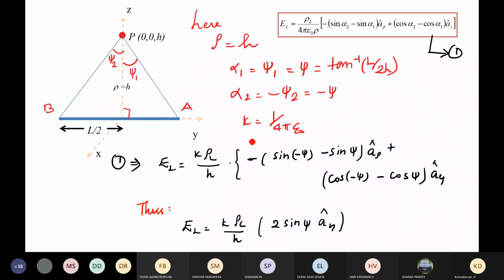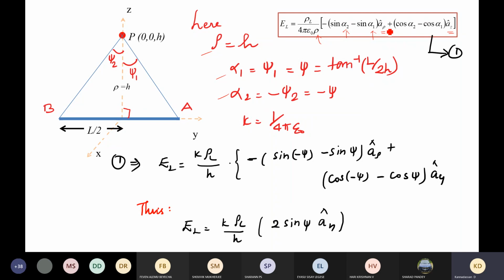So we got three important variables of this equation. Rho is known, alpha 1 and alpha 2 are both known, and these two unit vectors we will keep in mind, but in the future we are supposed to change that.